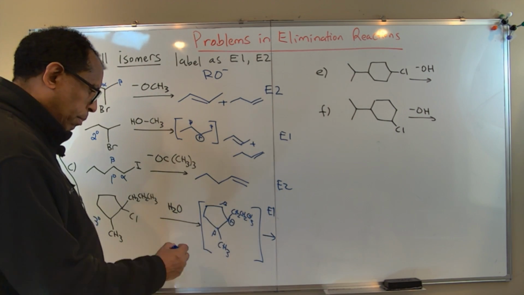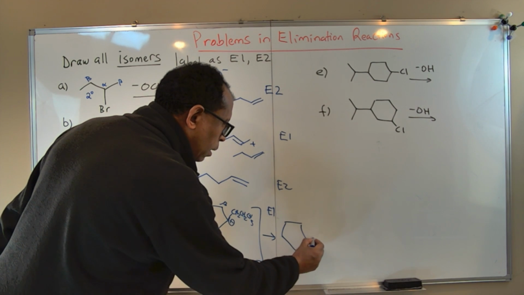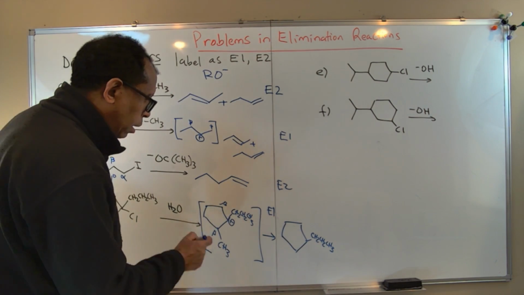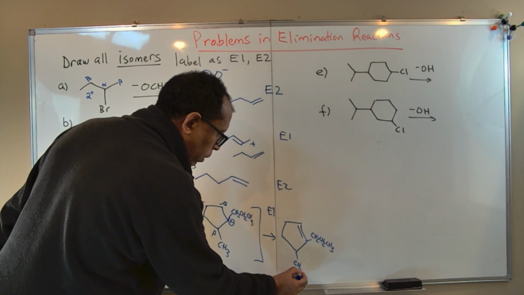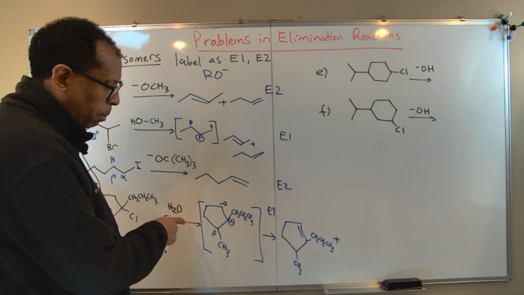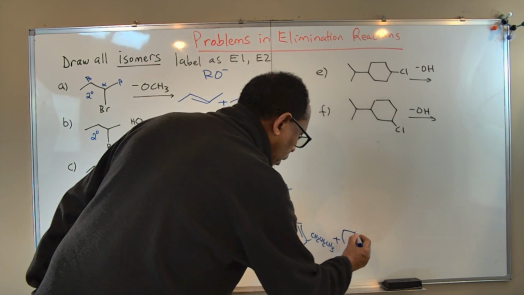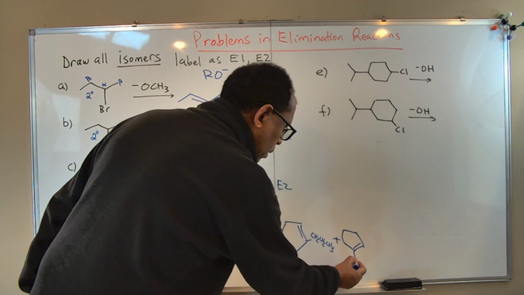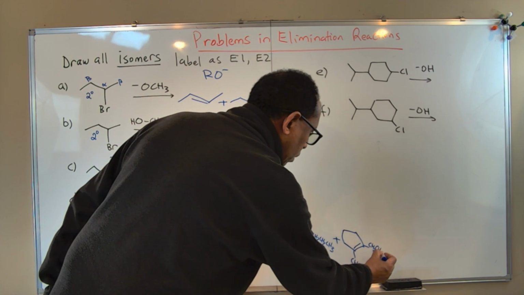The products look like two products can be formed: CH2, CH2, CH3, with the double bond formed here, and you have this CH3, plus losing from this other beta carbon would give us another product which looks like this, CH3, CH2, CH2, CH3.